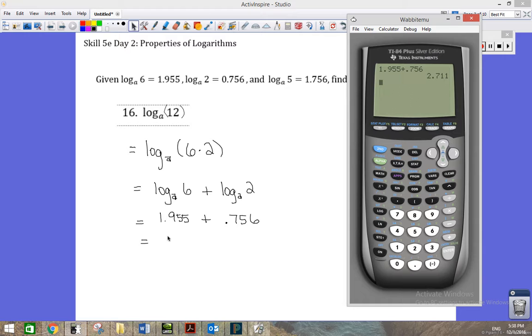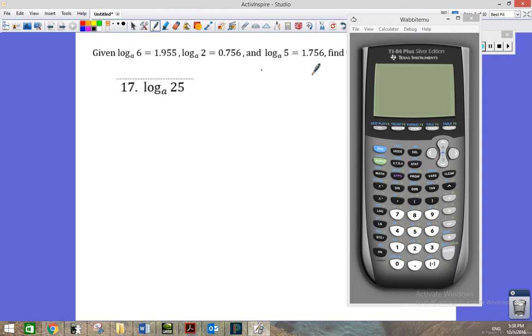Alright, 2.7. So, I really didn't need the calculator to add these together. I'm just doing it, I guess, out of either laziness or lack of confidence, however you want to describe it. So there's your answer for number 16. I hope you agree. Let's move on because the directions are the same.